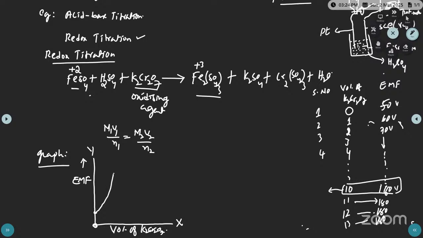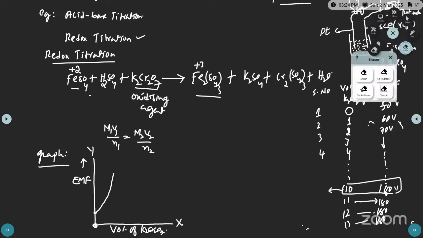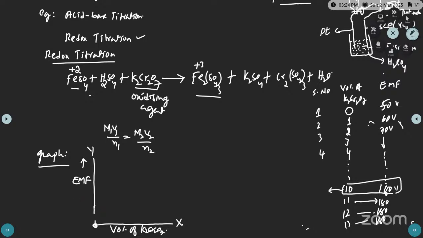It increases and after some point that will be constant, that is, it comes in one line. So this is the end point. So extend the end point on the x-axis, and extend this point on the y-axis.